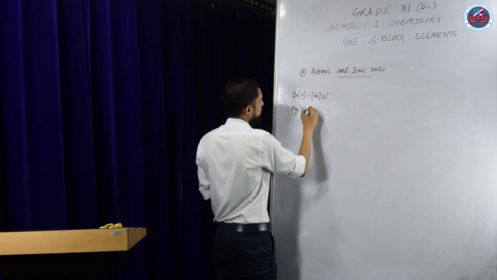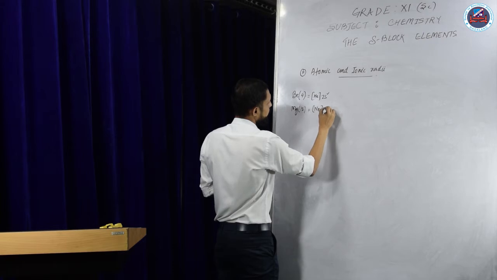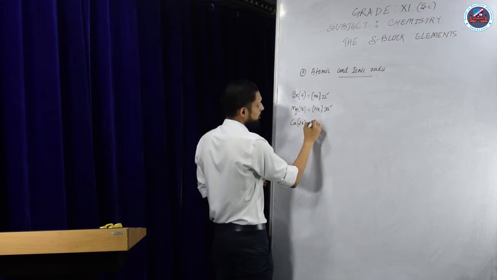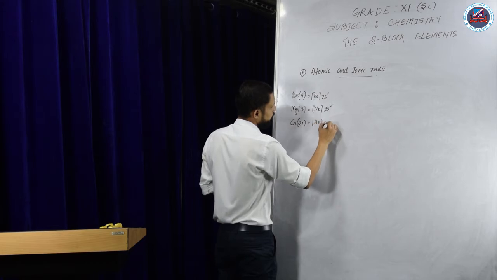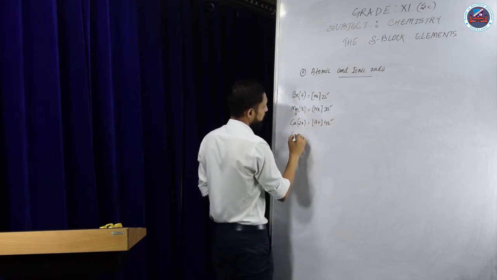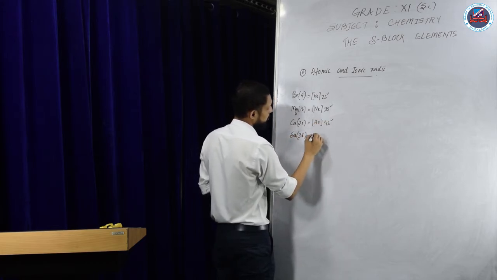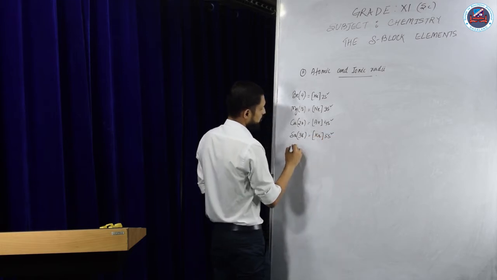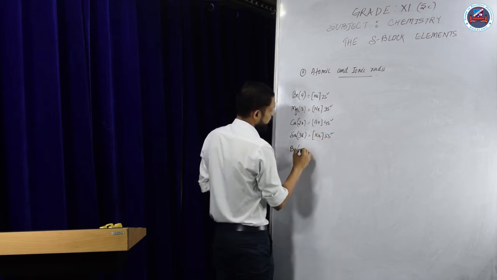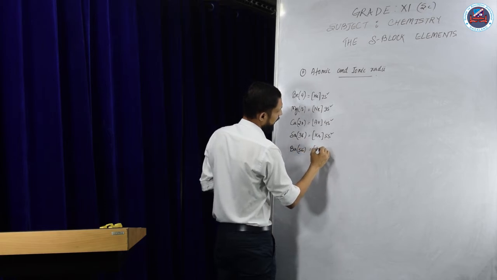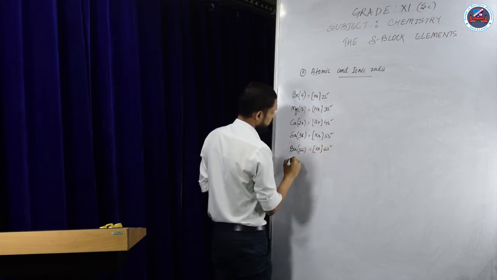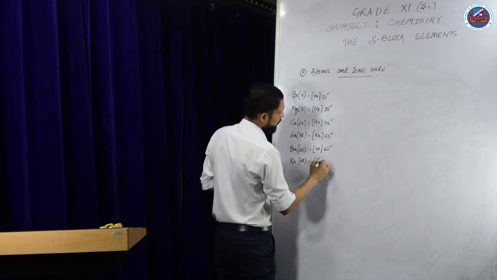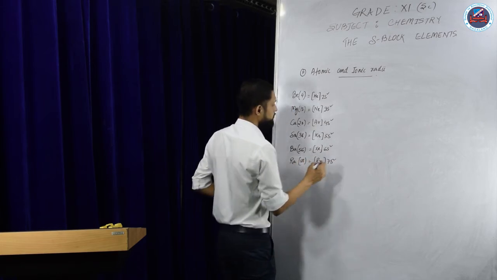Magnesium is 12, so is neon, 3s2. Calcium is 20, so is argon, 4s2. Strontium is 38, so is krypton, 5s2. Barium is 56, xenon, 6s2. Radium is 88, radon, 7s2.